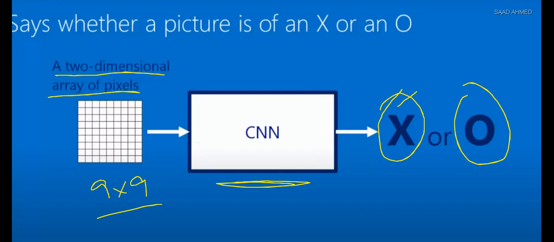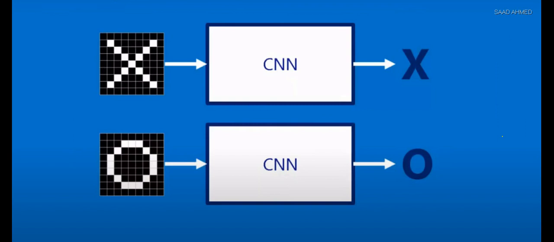First it is going to learn and then classify the picture as an X or O. So this is basically what it is going to do. For example, we have these two pictures, one representing X and the other representing O, and our target is to classify them either as X or O.